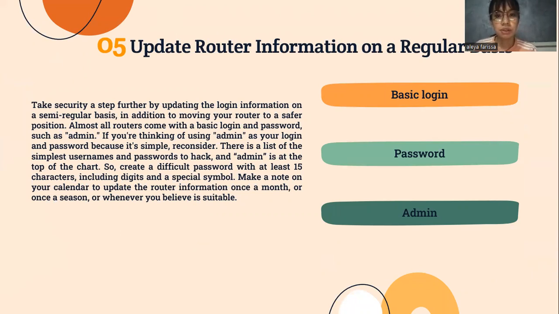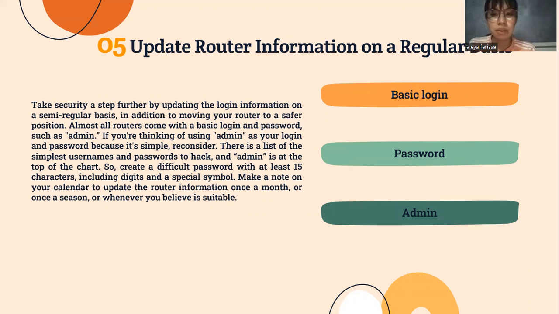Update router information on a regular basis. Okay, take security a step further by updating the login information on a semi-regular basis. In addition to moving your router to a safe position, a router comes with a basic login and password, such as admin. If you're thinking of using admin as your login and password because it's simple, reconsider. There is a list of the simple usernames and passwords to hack, and admin is at the top of the chart.